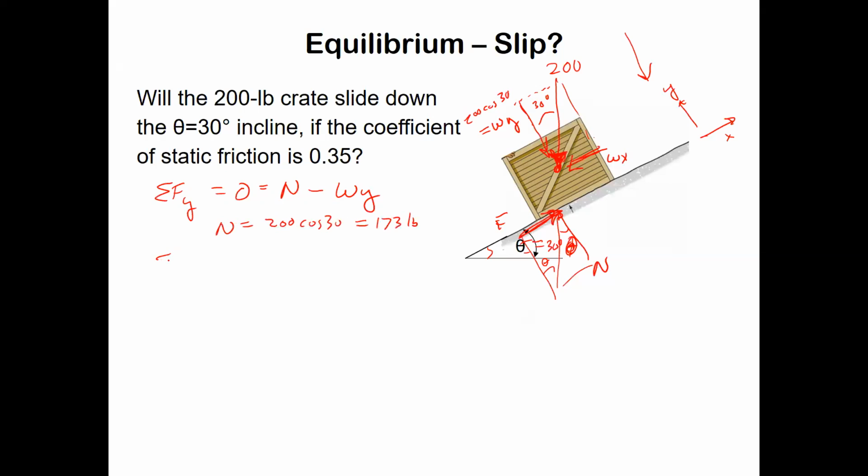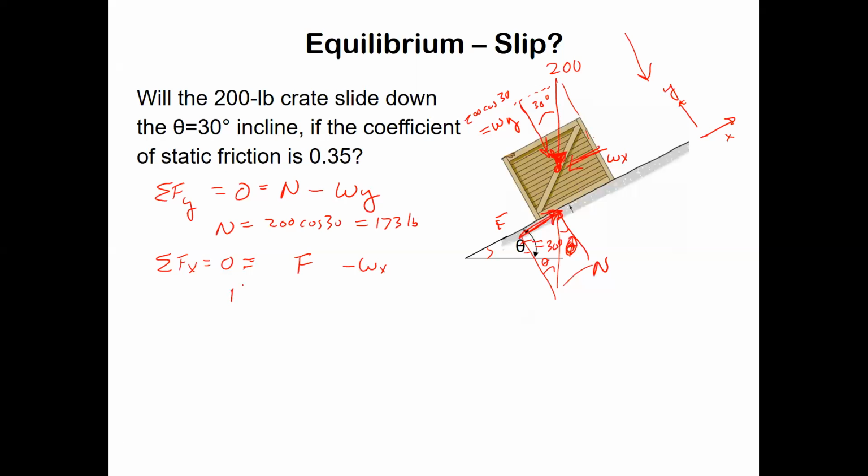Okay, the sum of the Fx's is going to be, what do we have in the x direction? We've got Wx in the minus x direction, right? So we're going to have minus Wx. What else we got? And the friction force, F, minus Wx. And Wx is just 200 times the sine of 30 degrees, right?